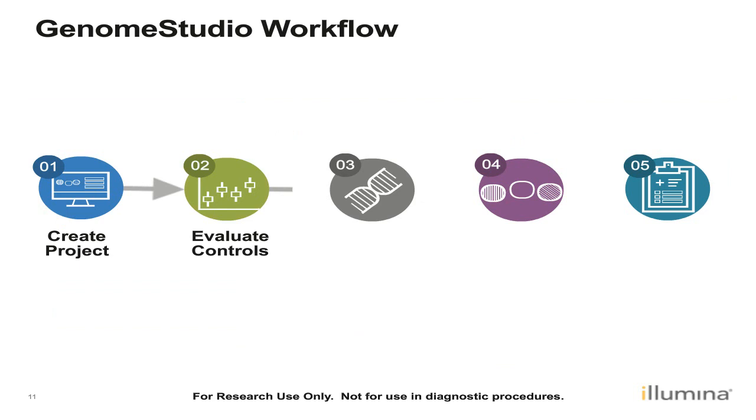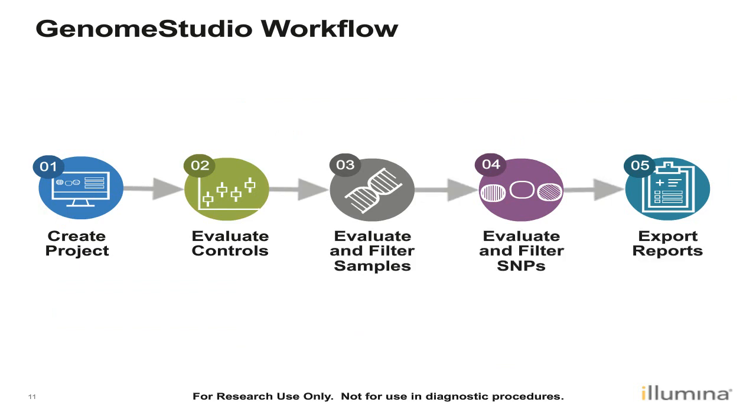For the rest of the webinar, I'll be describing the GenomeStudio workflow in more detail, and there are several steps. First, you want to create a project, and then steps 2, 3, and 4 are considered optional data QC steps. Even though they're optional, we highly recommend performing these steps so that you can make sure you're getting accurate genotype calls.